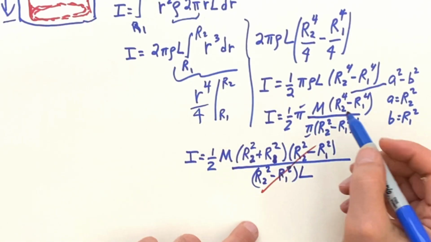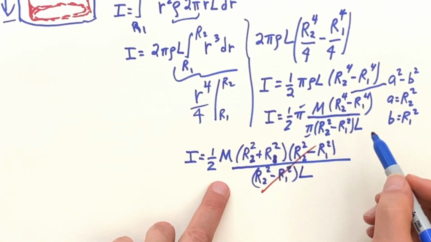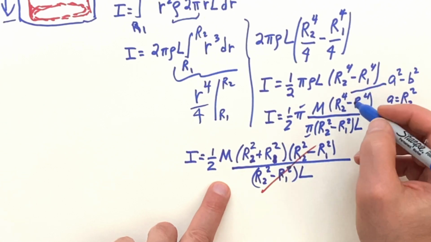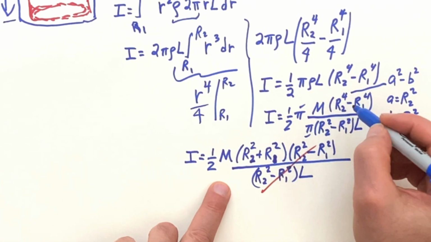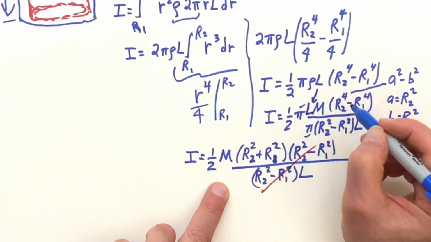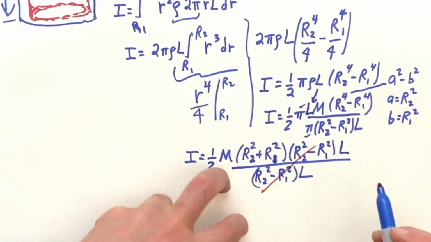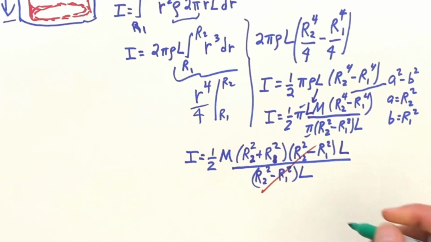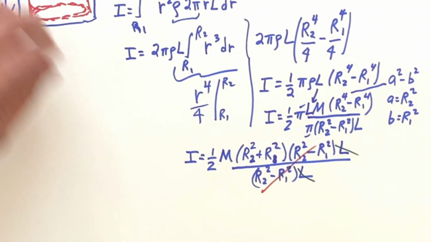And the L goes because we forgot to put an L; this L got dropped, so we put it back in, and it cancels.